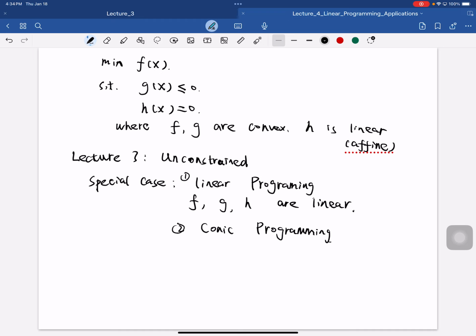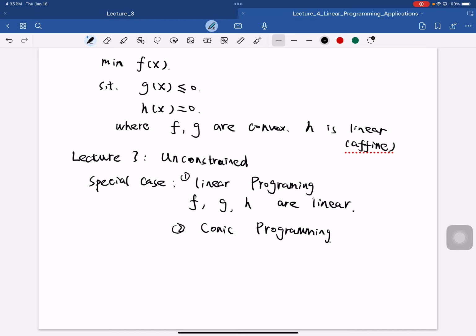I will not talk about what it is right now, but a cone is a special convex set. Remember what we have talked about, conic hull, conic combination, and so forth. Basically, in words, a cone is like if you take any point in this set, you multiply it by a non-negative number, and this ray will still be in this set. That is what a cone is. But we will talk about it in probably 2 or 3 weeks from now.